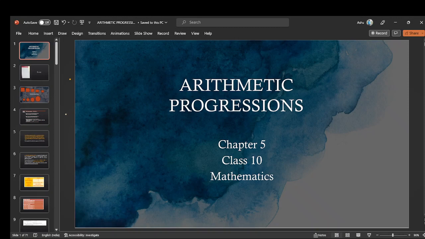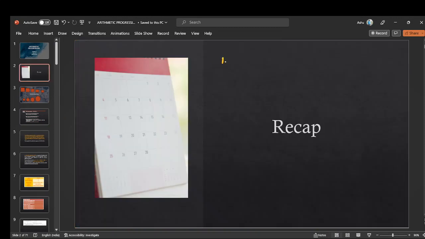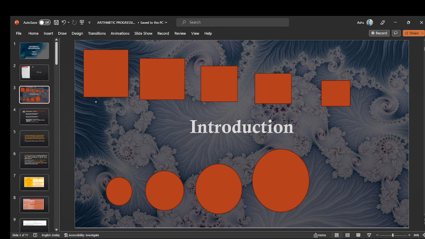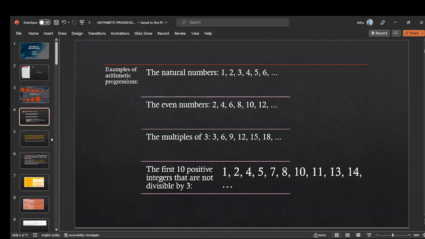Before we jump into the session, we have covered many things from chapter 1 to chapter 5. There are real numbers, linear equations, polynomials, quadratic equations. There are many things we have covered. Now in chapter 5, we have defined many things related to finding out the nth term.